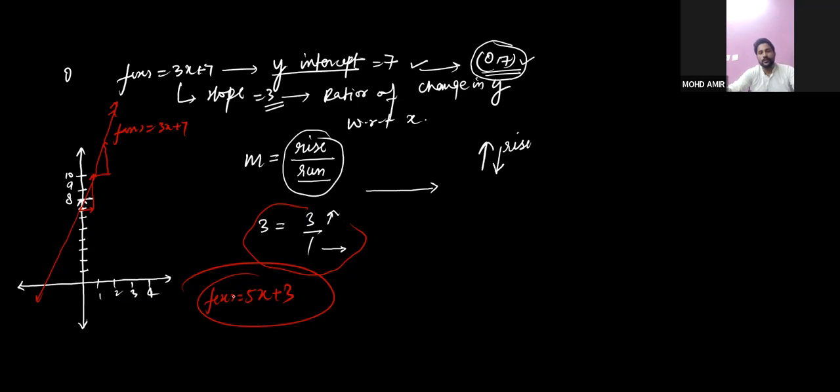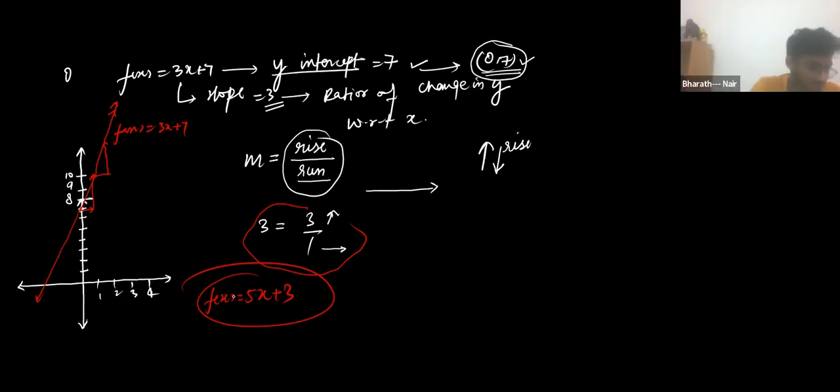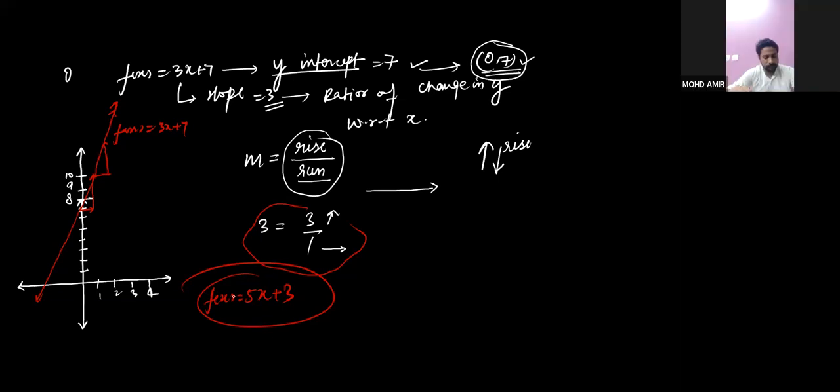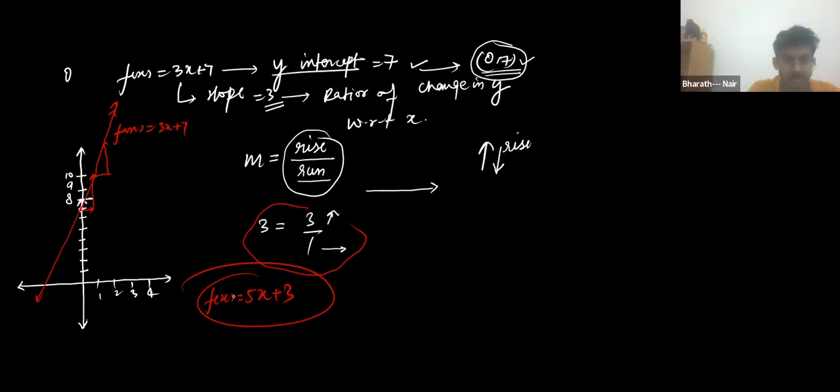f(x) is equal to 5x plus 3. Okay. 0, 3 and 1, 8 are the points.